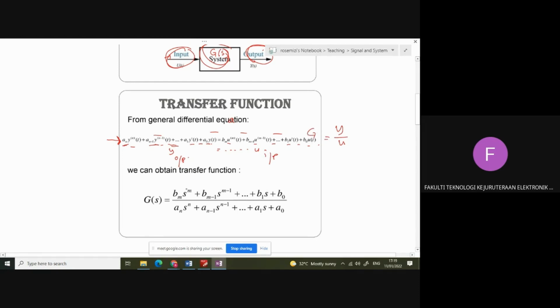So all the B terms and all the A terms. This one is the general transfer function equation.